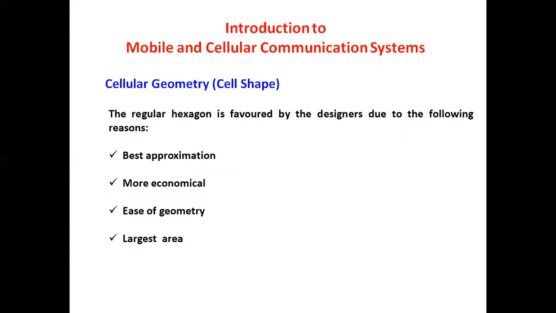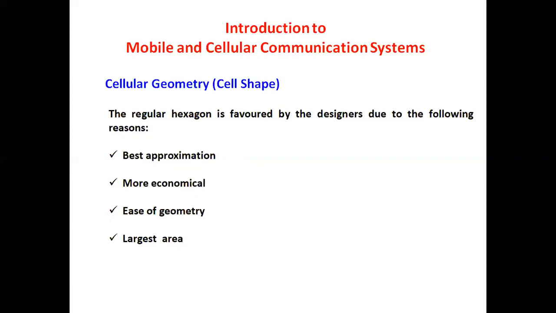The regular hexagon is favored by the designers due to several reasons, which are: first, it provides the best approximation to the circular omnidirectional radio patterns achieved in practice. Second, it is more economical to use since a hexagonal layout requires fewer cells and hence fewer stations.